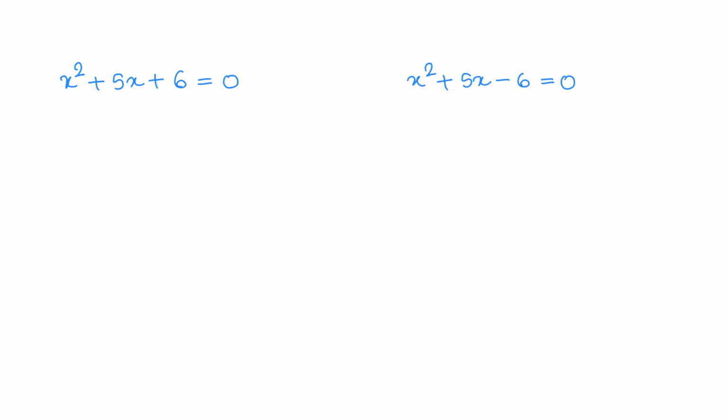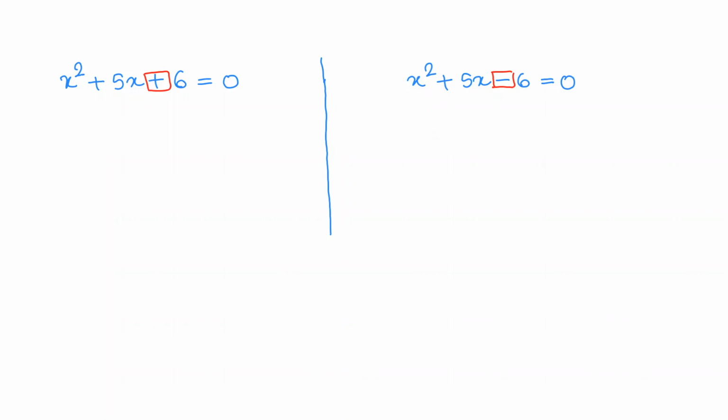Why do they look identical? Because you see the terms are almost the same except for one difference. The difference is the sign over here. See, here we have plus and here we have minus. So that is the only difference. Otherwise, both the quadratic equations are the same. Now let me tell you, how do we do this?